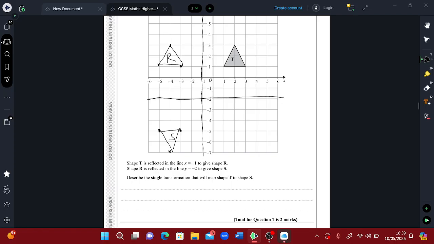It's pretty hard. So a rotation makes the most sense here because it'll rotate the position of the shape. It can't be an enlargement because the shape isn't changing in area.